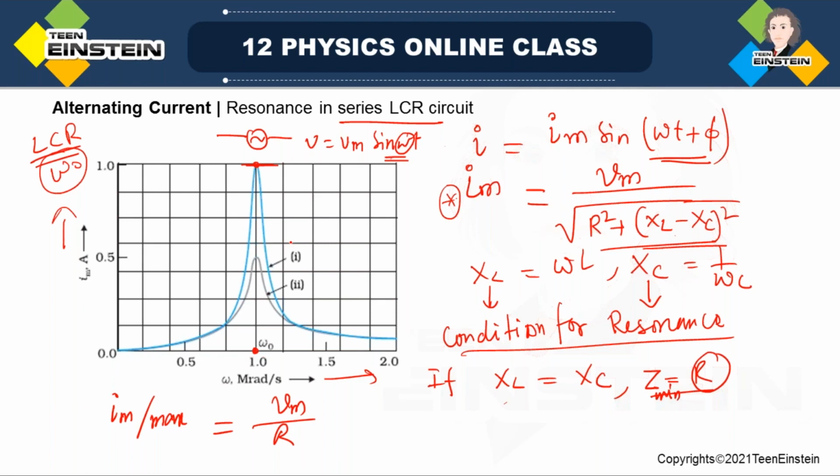So you can see the condition is omega 0 L equal to 1 by omega 0 C, that is the frequency where resonance happens. So this is the condition for resonance.